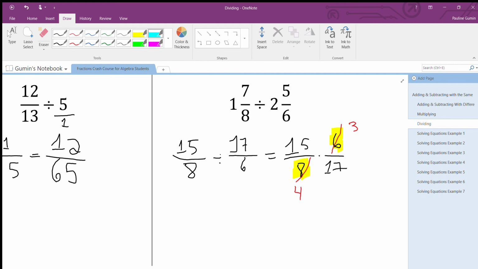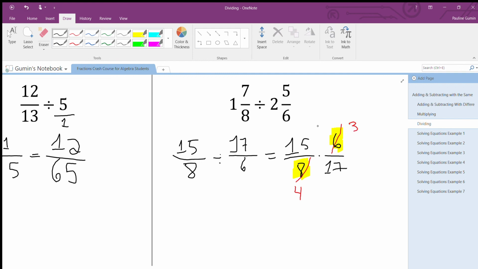Okay, let's just double check these numbers and make sure the new numbers don't reduce with anything. The new numbers are 4 and 17 on the bottom, 15, 3. Can I reduce 15 with 4 or 17? No. Can I reduce 3 with 4, 17? No. Okay, we're good to go.